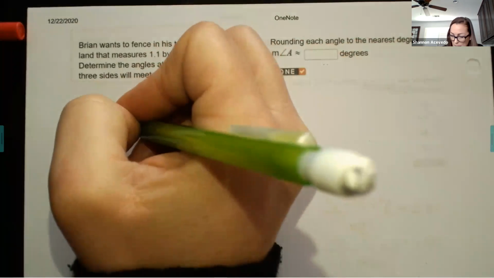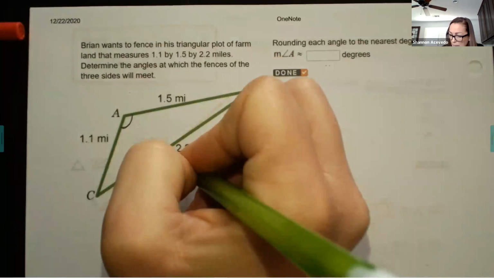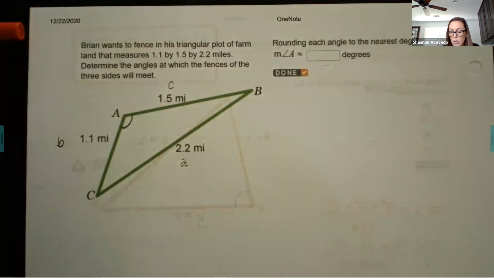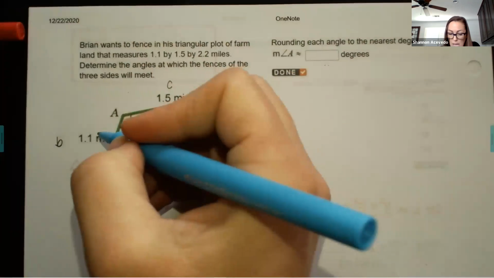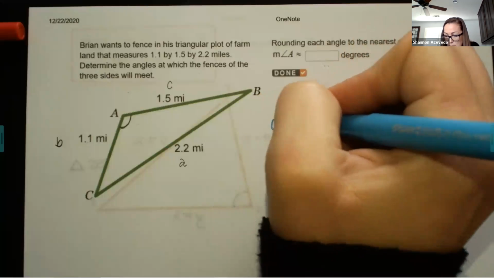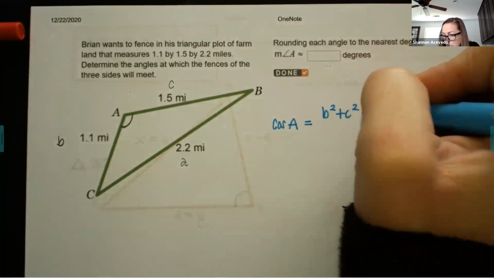So if I want my angle A, this is my side A, my side C, my side B. So again, if I want to solve for my angle A, then I'm going to use cosine of A is equal to B squared plus C squared minus my A squared.